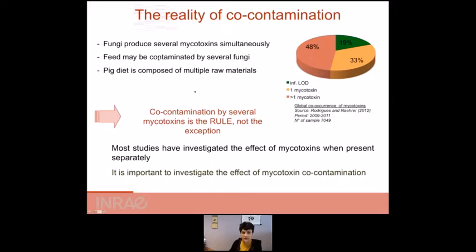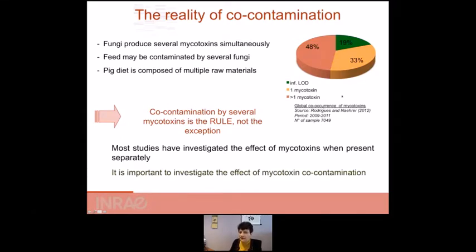The first reason is that fungi produce several mycotoxins simultaneously. Because also feed may be contaminated by several fungi at the same time, and because the animal diet is composed of multiple raw material. For all these reasons, we have a co-contamination.